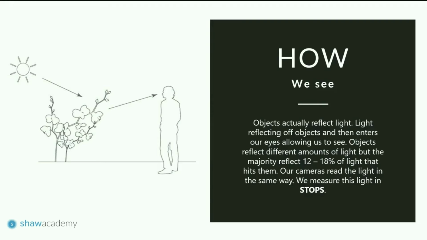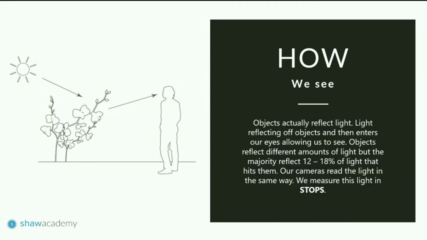Now, the light that's being reflected off these objects does vary. The majority of objects around us reflect about 12 to 18% of the light that hits them. You might have thought it was a lot more, but in actual fact, a lot of the light that's hitting the objects around us gets absorbed, and only about 12 to 18% of that light is bounced back off, enters our eyes, and is what allows us to see.